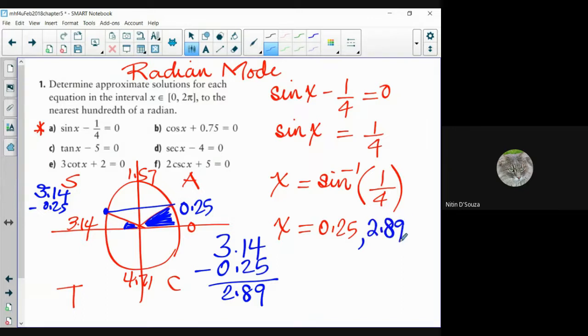There's no degree symbol because it's radians. The other tip off that it's radians is that it's 2 decimal places. To believe what I'm telling you, if you took the sine of 2.89 or the sine of 0.25, you should get a quarter. Okay?